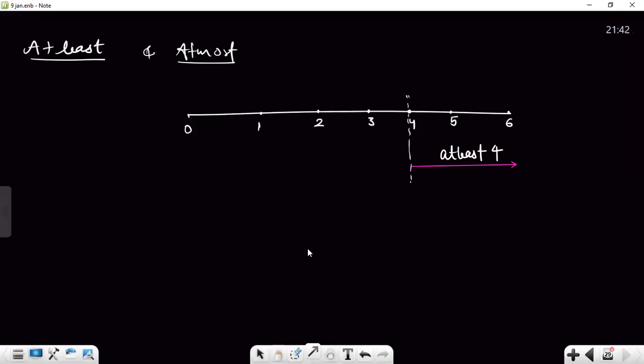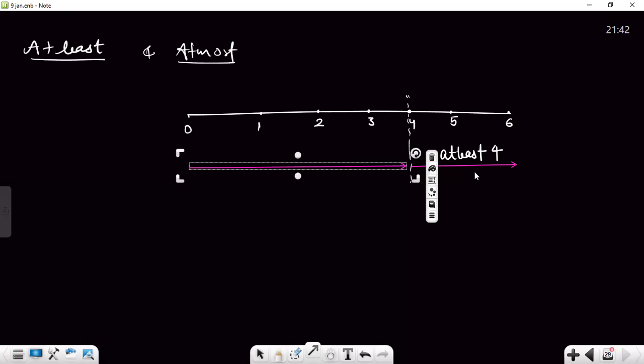And when we discuss at most 4, this means the maximum is 4 starting from 0, and at least 4 means starting from 4 and going towards the bigger digits or infinity, right?